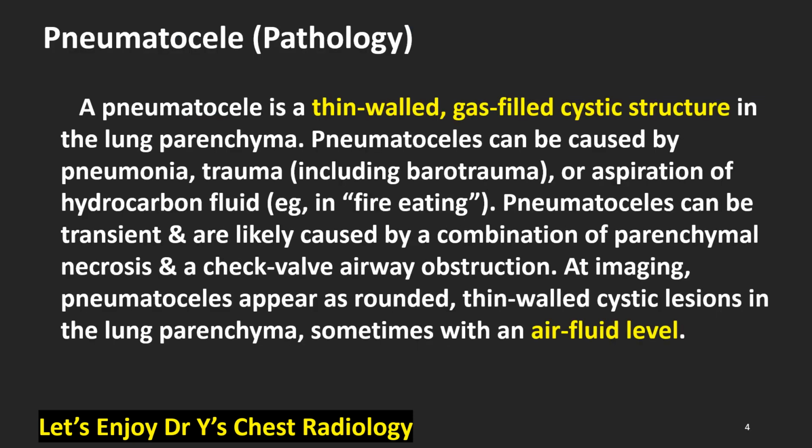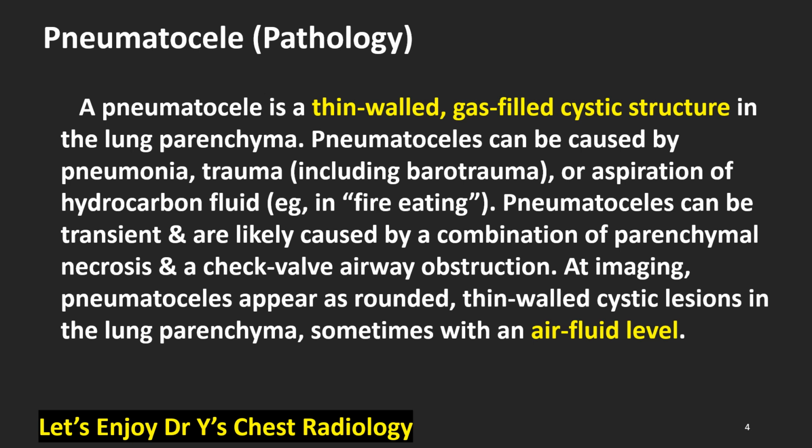Let's start. Pneumatocele pathology. A pneumatocele is a thin-walled, gas-filled cystic structure in the lung parenchyma. Pneumatoceles can be caused by pneumonia, trauma, including barotrauma, or aspiration of hydrocarbon fluid, for example in fire-eating.